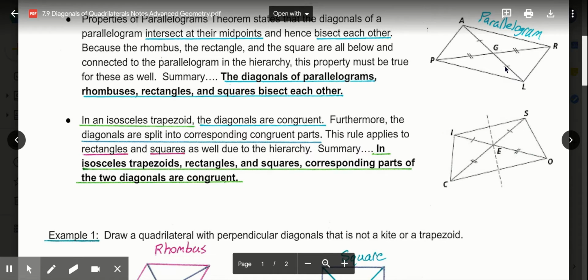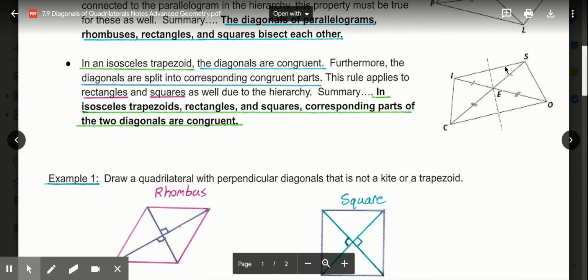Because the rhombus, the rectangle, and the square are all below and connected to a parallelogram in the hierarchy, this property is true for all those quadrilaterals as well. So our summary here is that the diagonals of parallelograms, rhombuses, rectangles, and squares bisect each other.